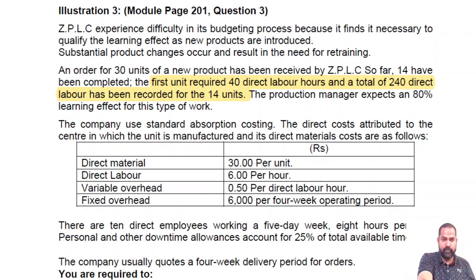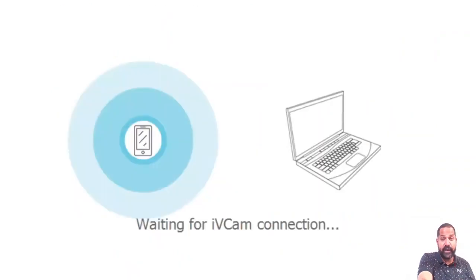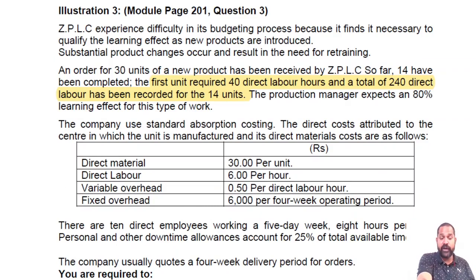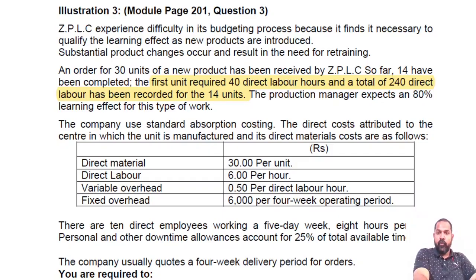Well, let me tell you something. If the first unit required 40 hours, if you are telling me that the first article took 40 hours and you have made 14, is that correct?